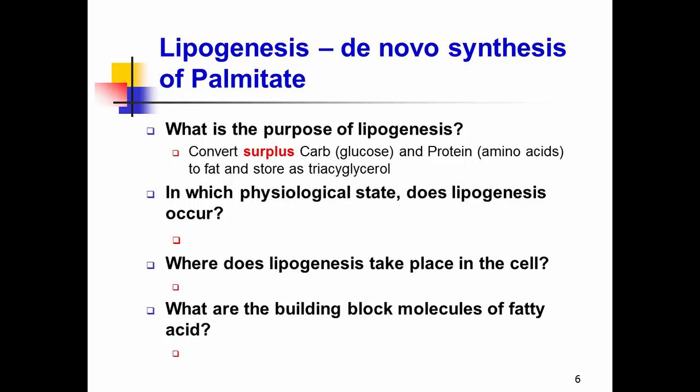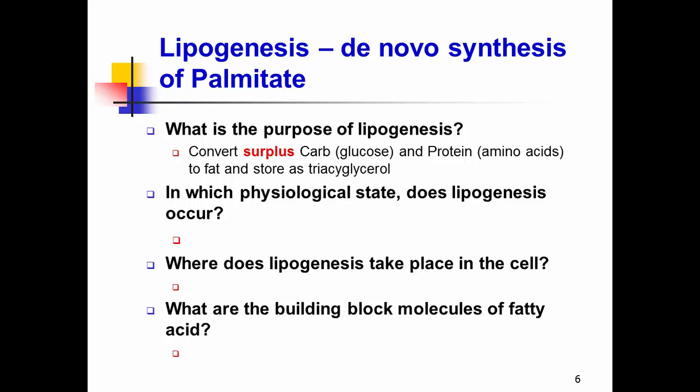Okay, so what is the purpose of lipogenesis? Why do we do lipogenesis? It's to convert surplus carbohydrates, for example glucose, and protein amino acids to fat, and store them as triglyceride.